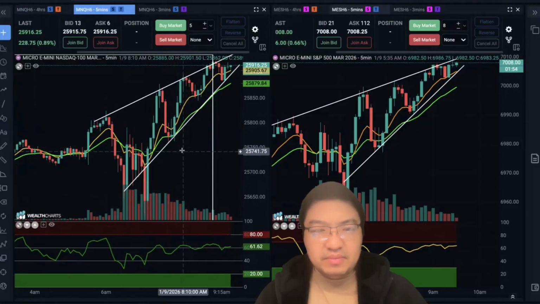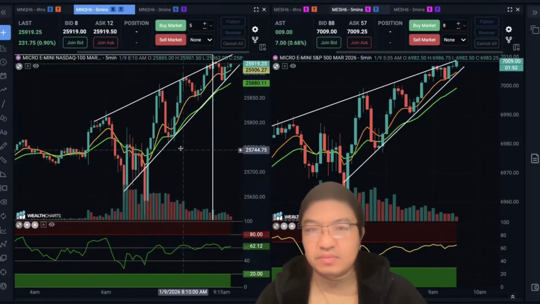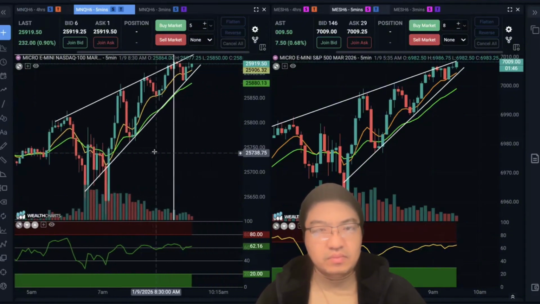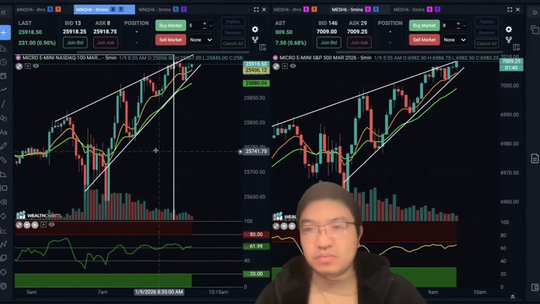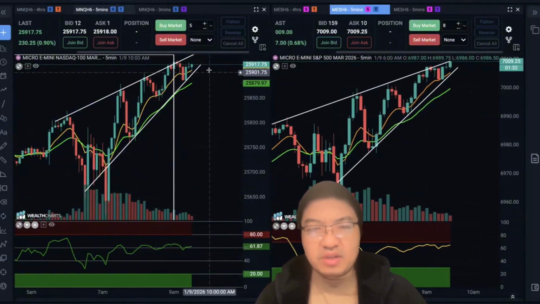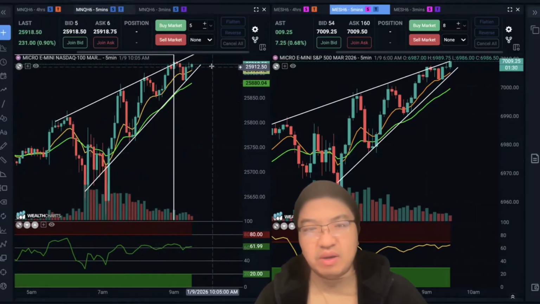Okay, ES breaks. We'll see if ES breaks to the upper side and NQ is still in the range, then we probably need to go long. Need to go long.